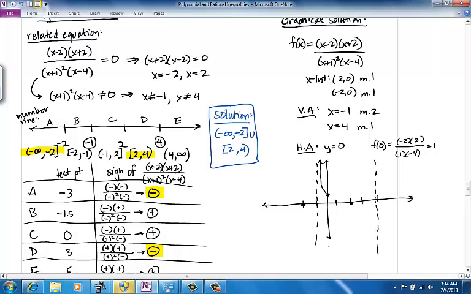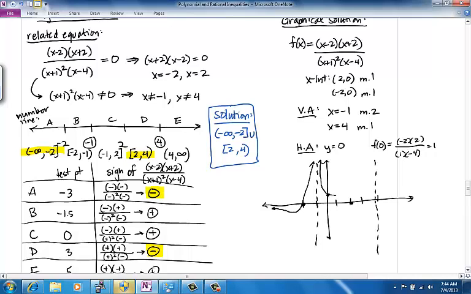That vertical asymptote at negative 1 was multiplicity 2, so it's going to be the same on the other side. We cross that x-intercept and then go up because of the horizontal asymptote at y equals 0.